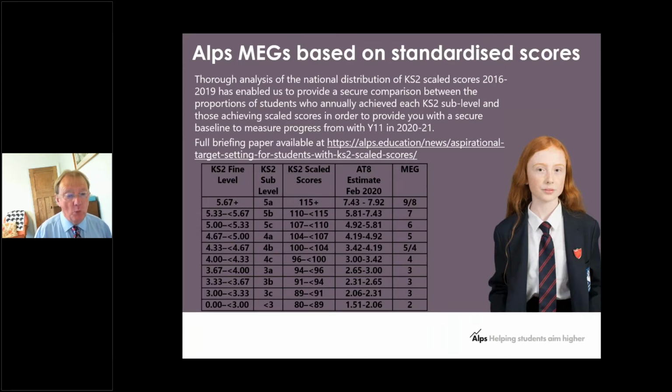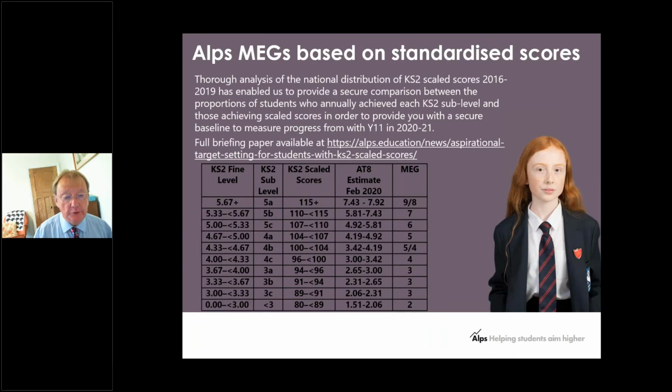If you want a more general guide, so supposing you're thinking of the HPAs, the higher prior attainment students who would have been 5.0 plus, we're saying that's 107 plus. The MPAs, who were 4.0 plus, that looks like 96 plus.